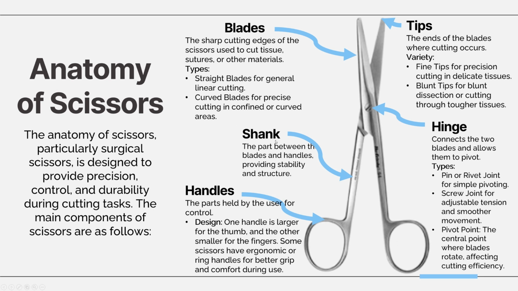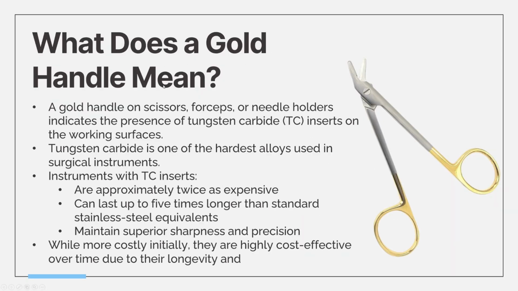So now we're going to look at some colored handles for the scissors, which one of the students actually brought up last week. They were asking what it meant. So what does a gold handle mean? So gold handles indicate that the scissors have tungsten carbide inserts, also known as TC. TC is an extremely hard alloy, enhancing cutting precision and durability.